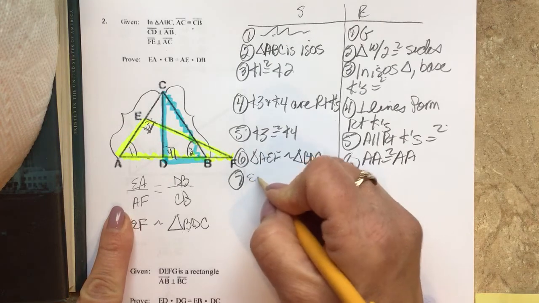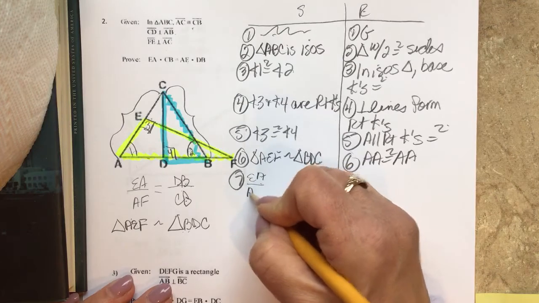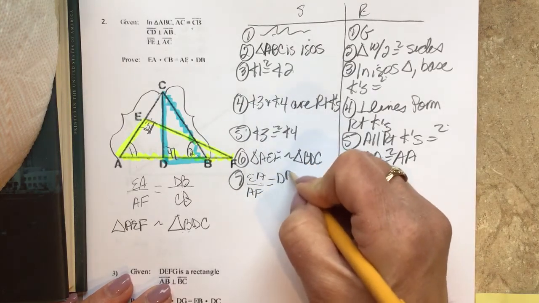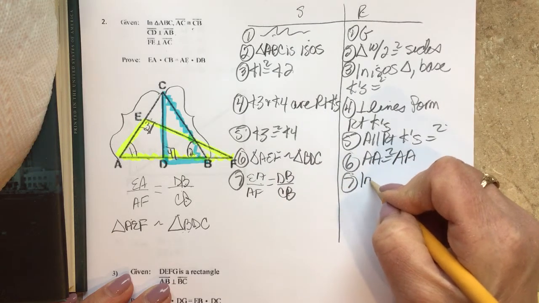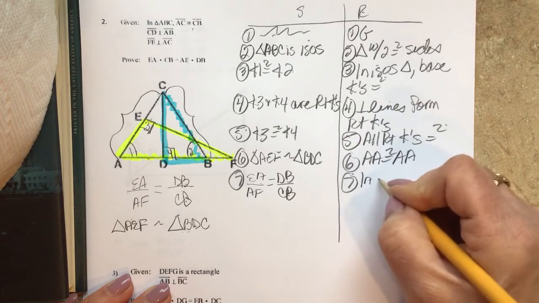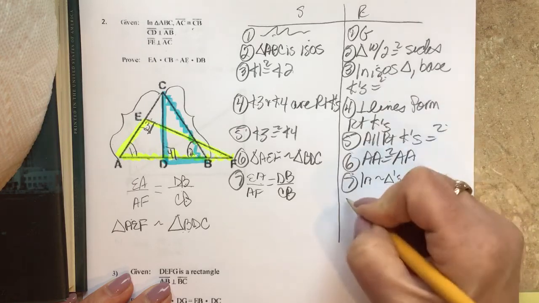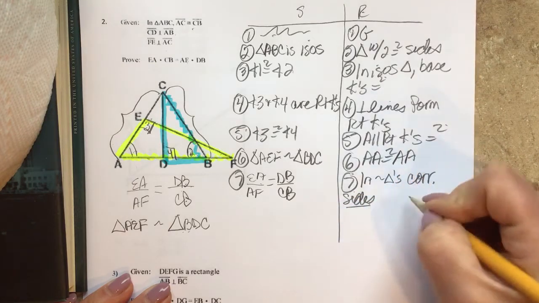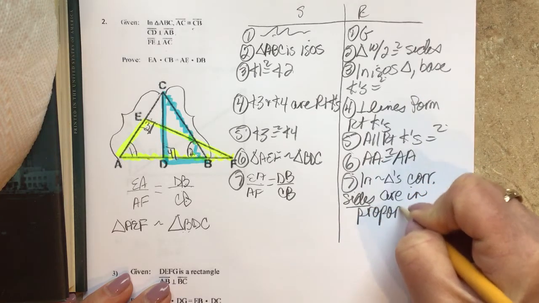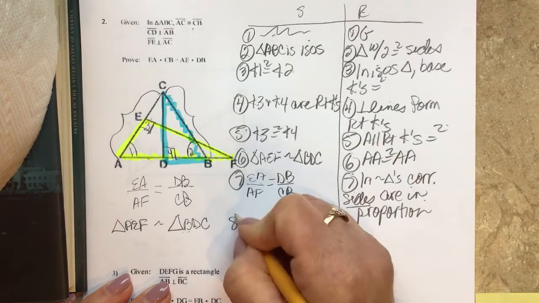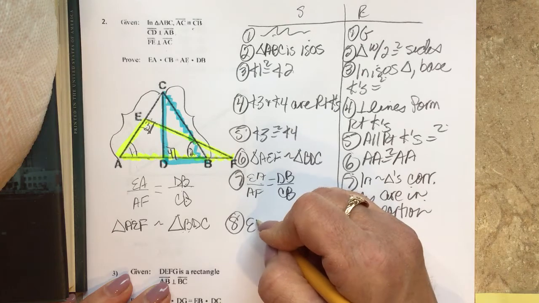All right, corresponding sides are in proportion, so we're going to back up one step. EA is to AF as DB is to CB, and that's because in similar triangles, corresponding sides, important, are in proportion. Then we're going to finish it up with the cross multiplication.